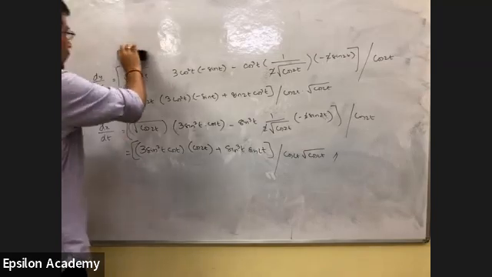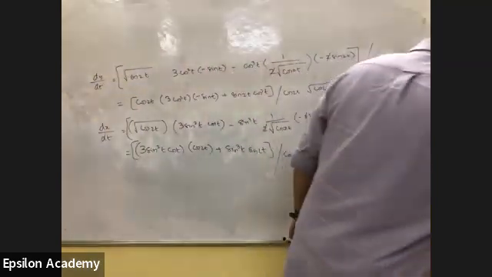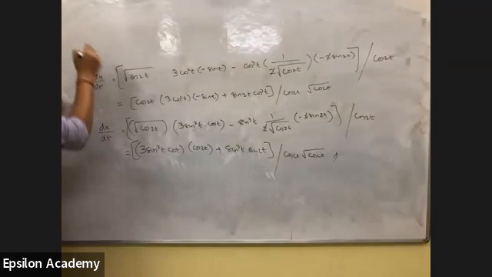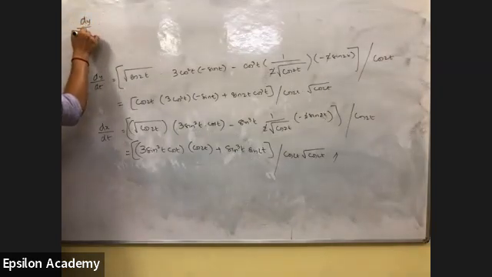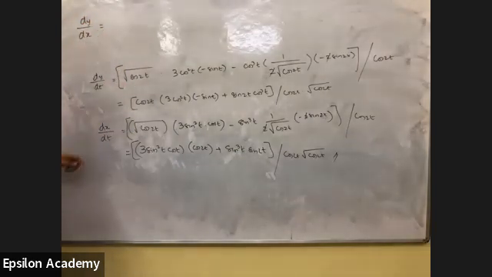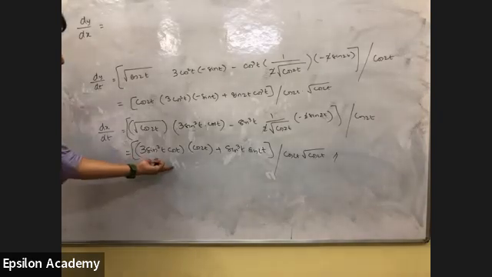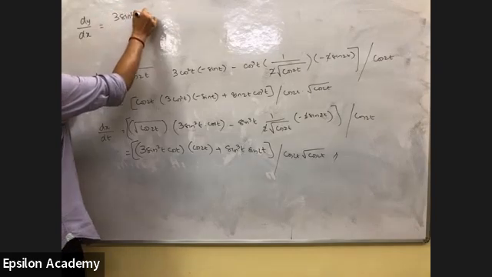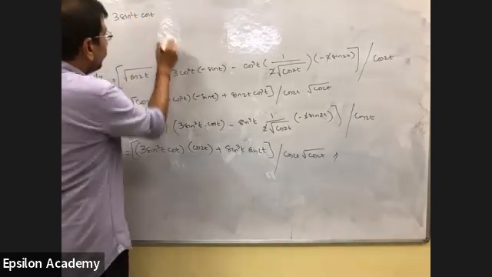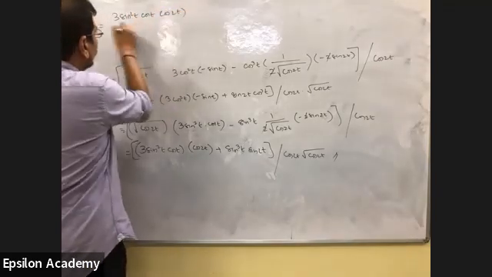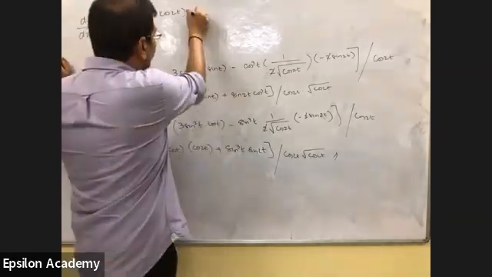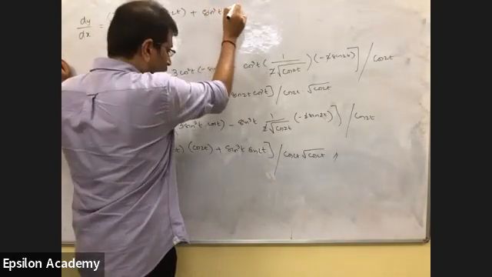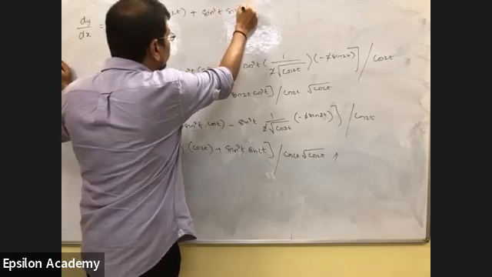I'm going to write dy by dx. When I write dy by dx here, I'm going to have 3 sin square t cos t into cos 2t plus sin cube t into sin 2t, correct?